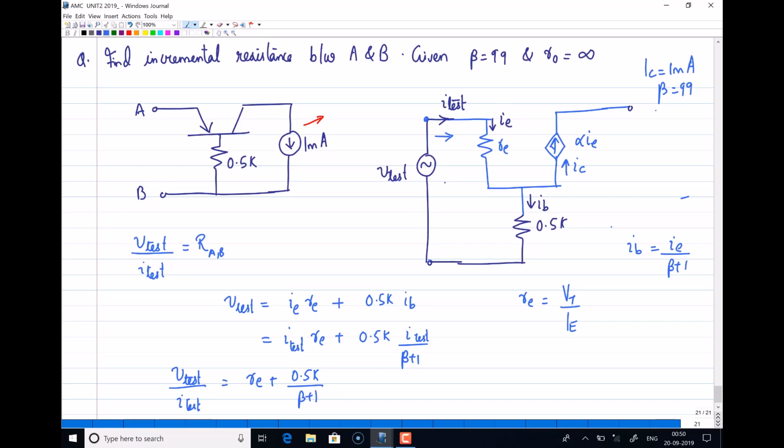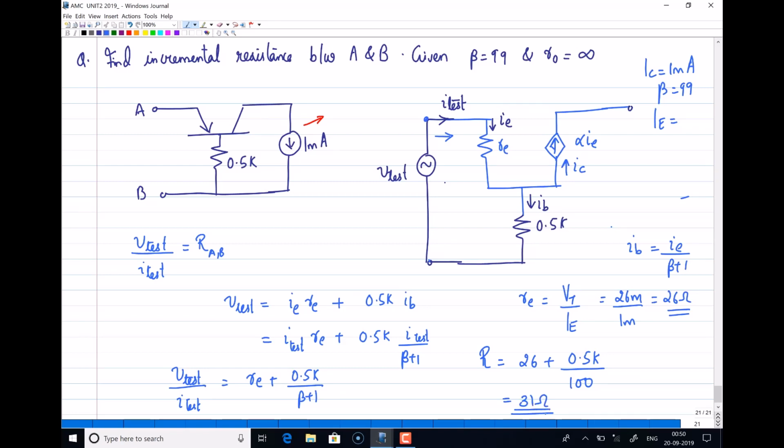So I'll consider this as 1 milli. So 26 milli by 1 milli is equal to 26 ohms. RE is 26 ohms. So the resistance seen is equal to 26 plus 0.5K divided by 100, which is equal to 31 ohms. Right.